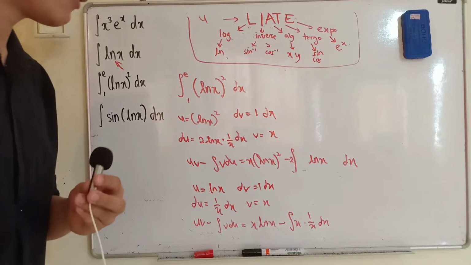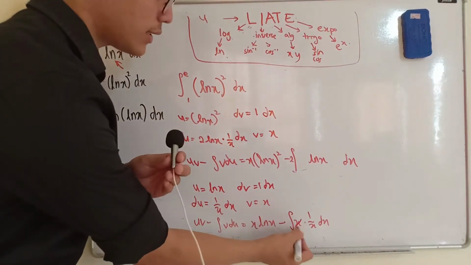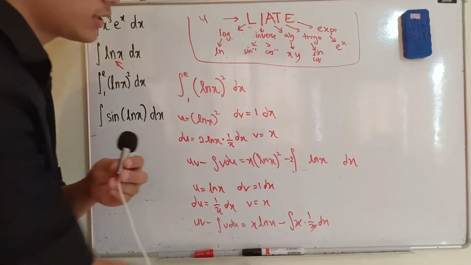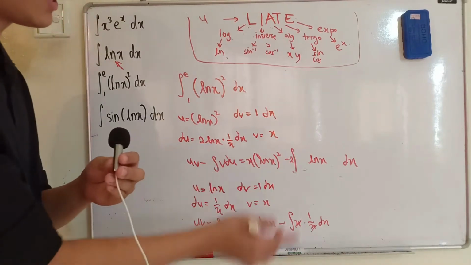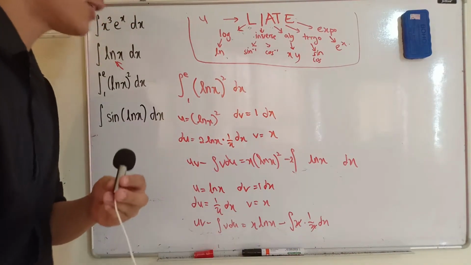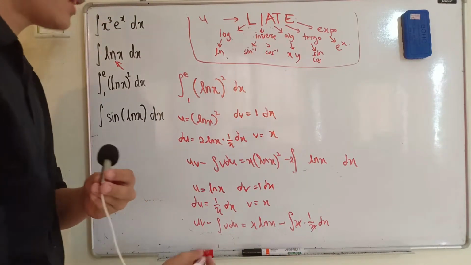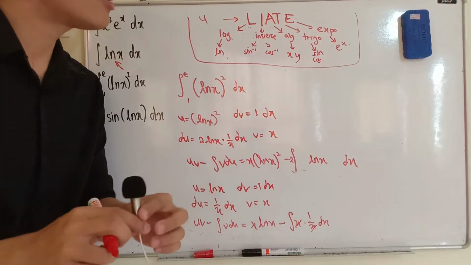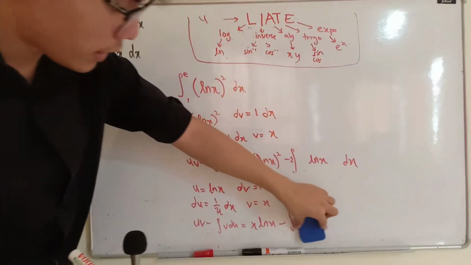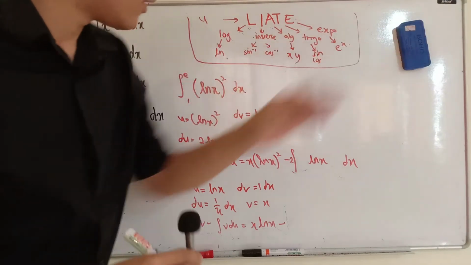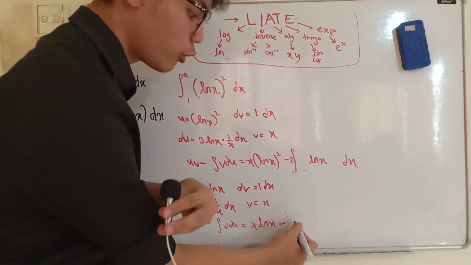Now you're going to cancel this s and your denominator. So integrate 1 ds is going to be s. Because you integrate 1, then you're going to get s.